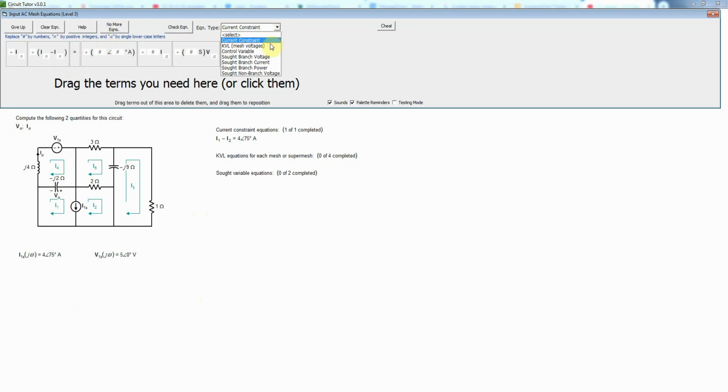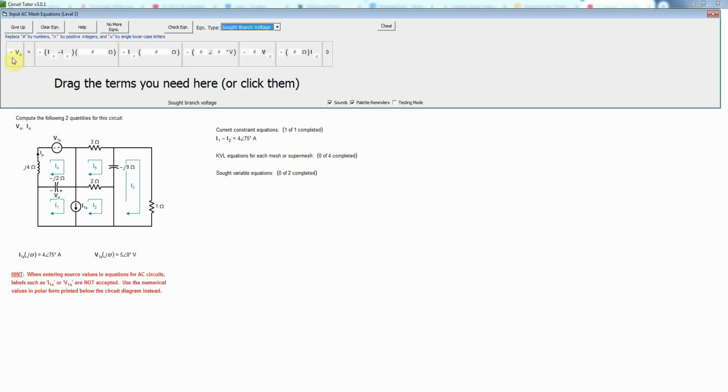So we're going to do a SOT branch voltage, and V0 will be equal to a difference in mesh currents times an impedance. That will be I4, which is the one entering the positive side of V0, minus I1, which is the current entering the negative side of V0. And that multiplies, of course, the impedance, which for a capacitor is always a negative imaginary number, so it's minus j2 ohms in this case.